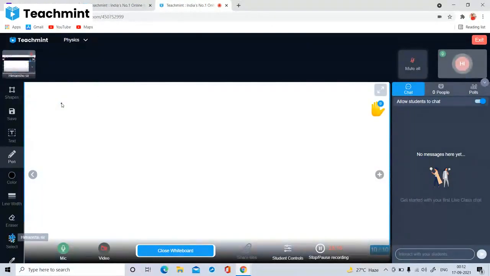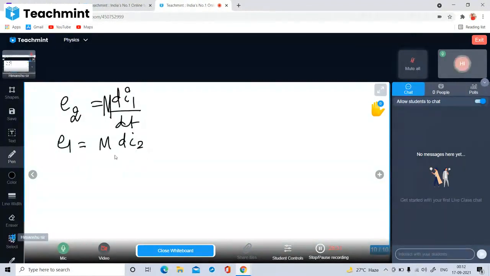Understood? So the EMF in the second coil is because of the change in current in the first coil. Here is the mutual inductance. Similarly, EMF is equal to M di2 by dt, so in the secondary coil, a change of current results in EMF in the primary coil. This mutual inductance is the same, and it is called reciprocity of mutual inductance.